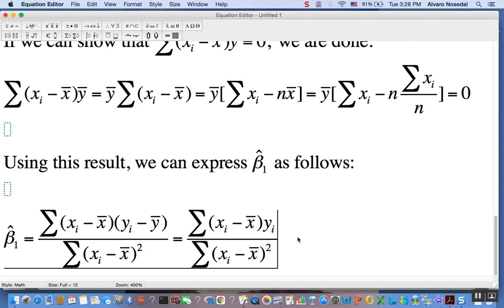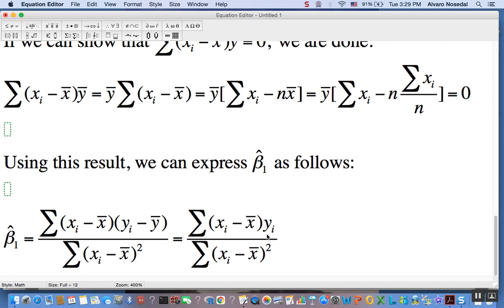And can you see that that is taking us one step closer to the ultimate goal? What was the ultimate goal? The ultimate goal was expressing this guy as a linear combination of yi's.